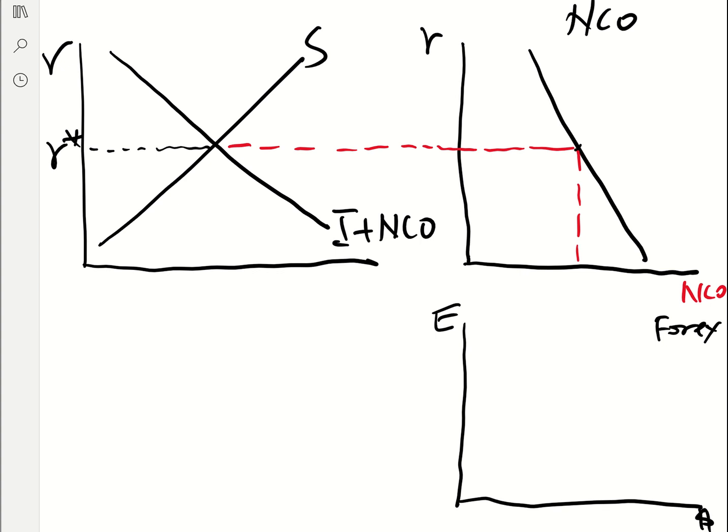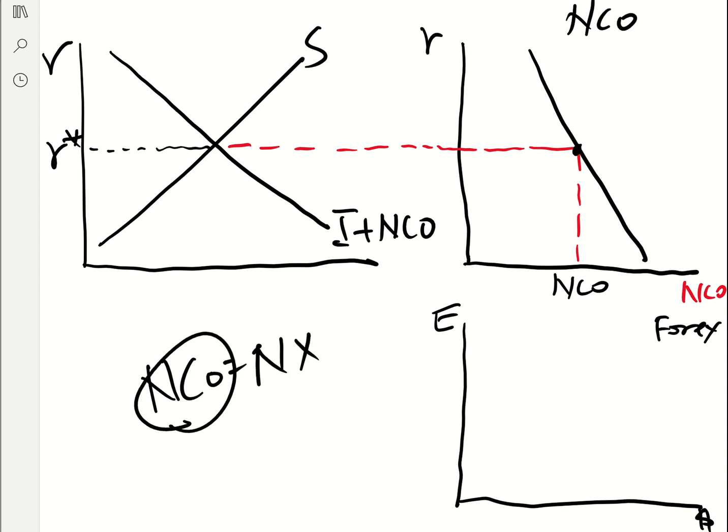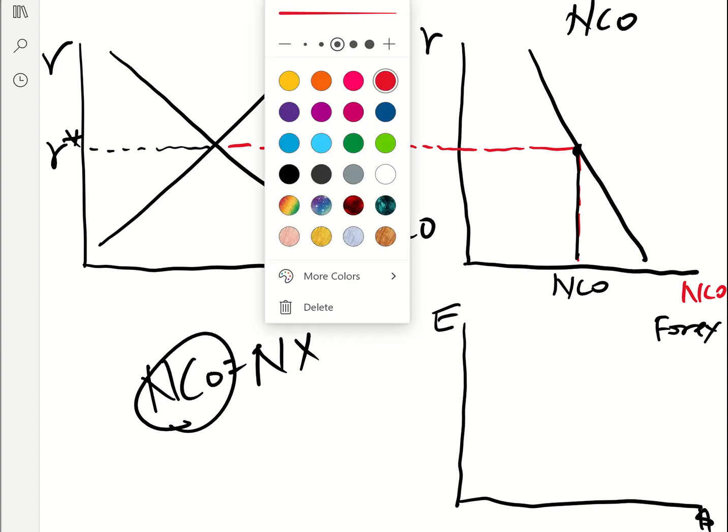How much quantity we have for our NCO, how much NCO we have? That's our supply side for the Forex market. Remember the equation for it? Your NCO equals the net export, and this is the supply side. So this quantity of NCO is actually our supply for our Forex market.